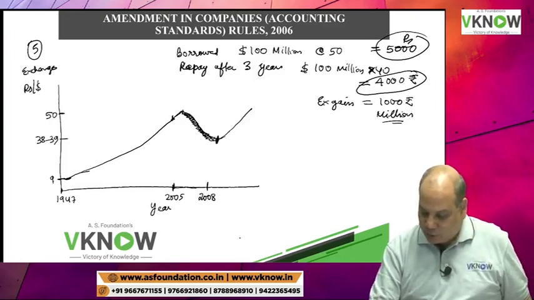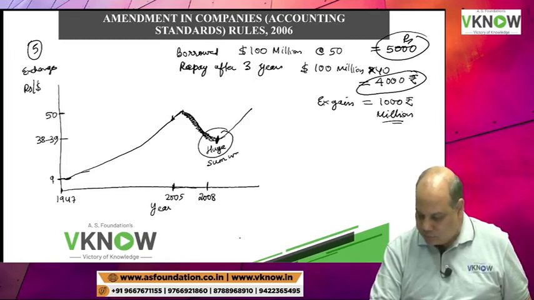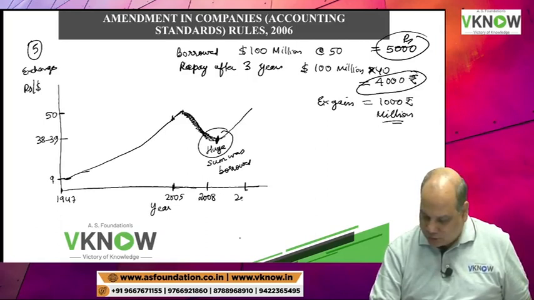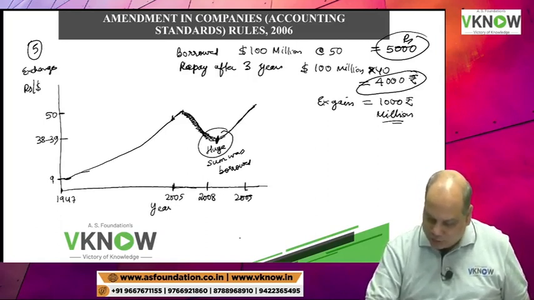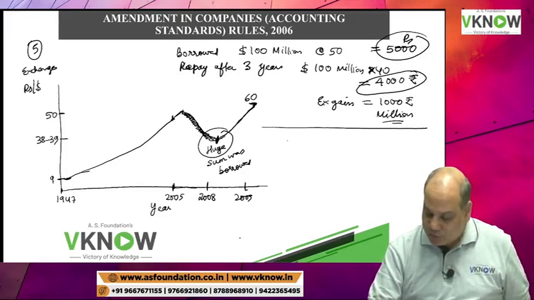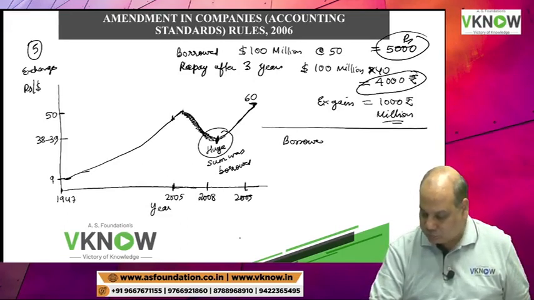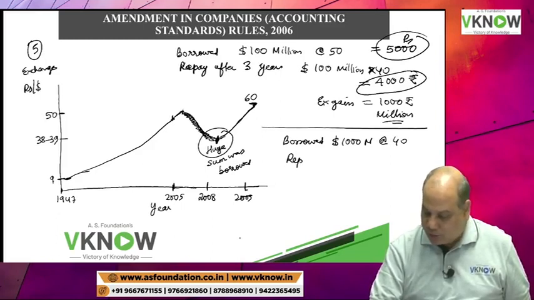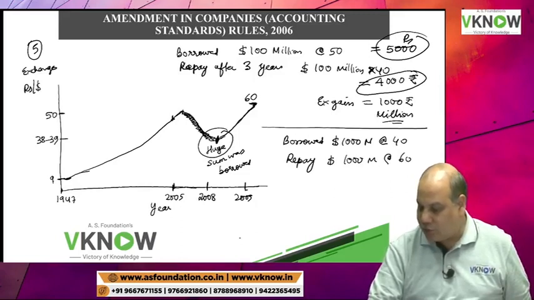But then what happened? They borrowed a huge sum of money. And then came 2009, the exchange rate started increasing again and became 60 rupees, for example. Now some company borrowed $1,000 million at 40 and has to repay the same $1,000 million at 60.